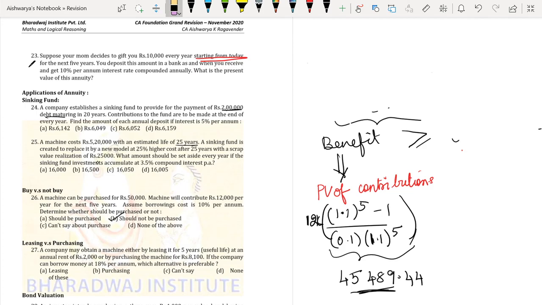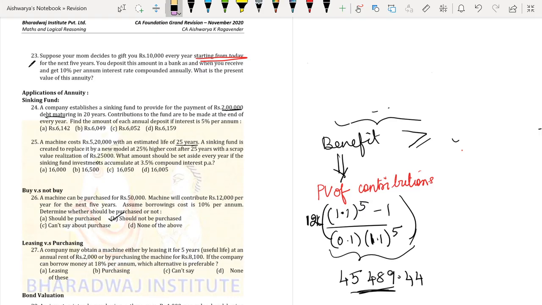So leasing versus buying now. They want to know whether leasing is better or buying is better. So again, we are going to compare the two costs involved. So in leasing, what happens? In buying, what happens? Leasing versus buying.